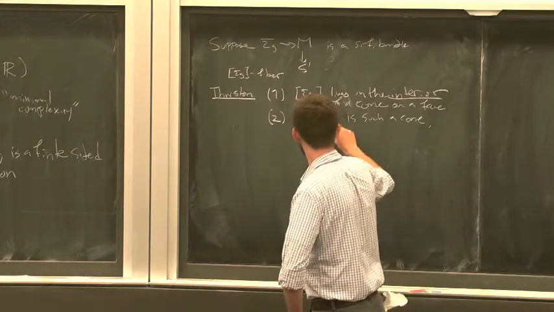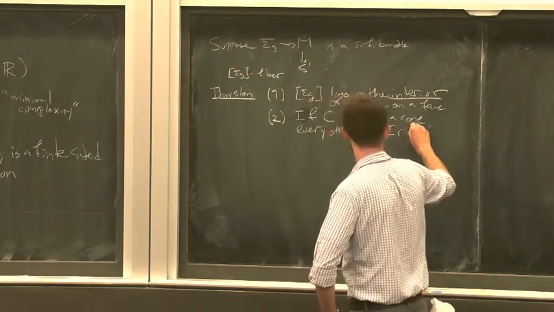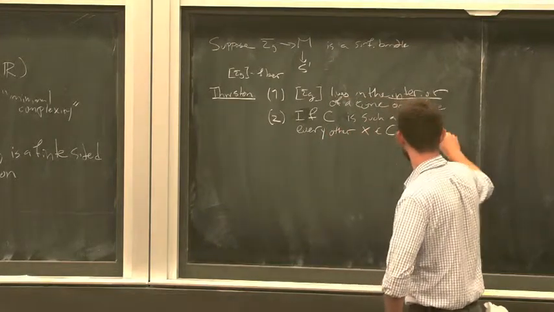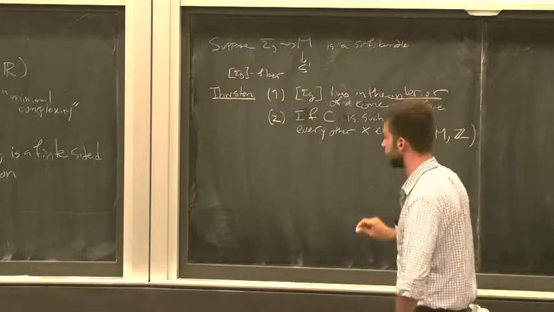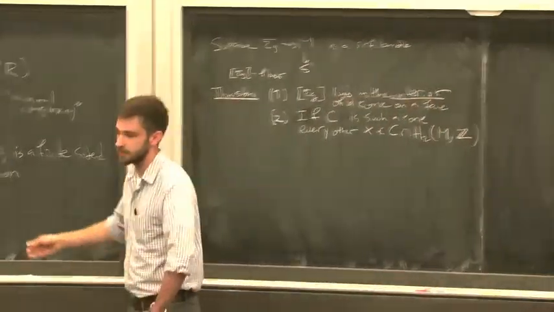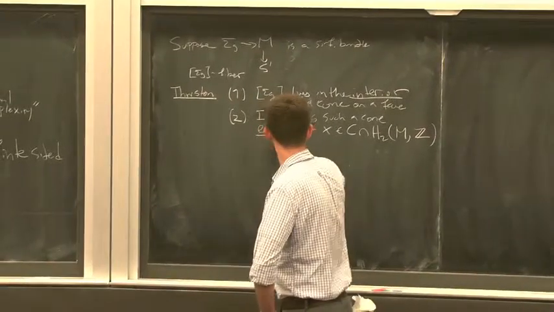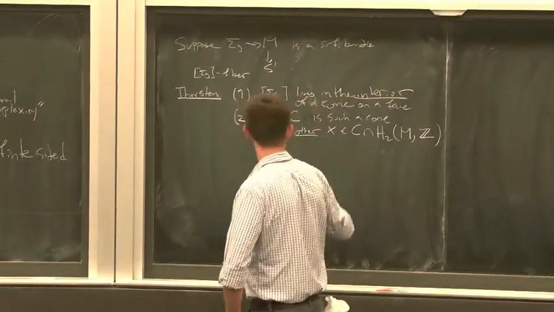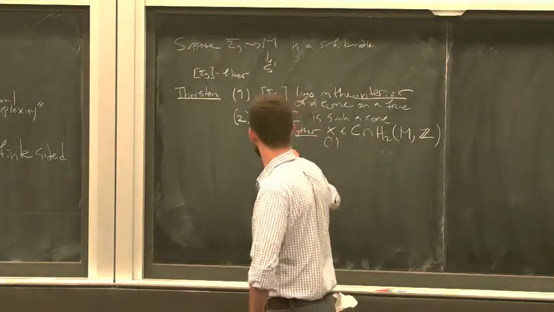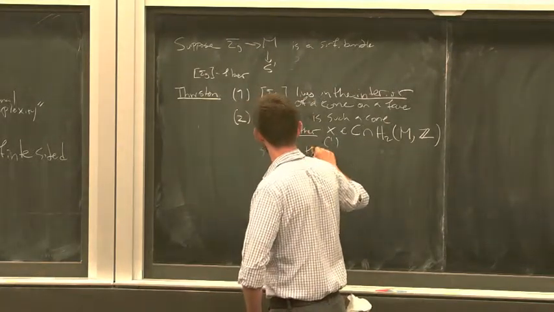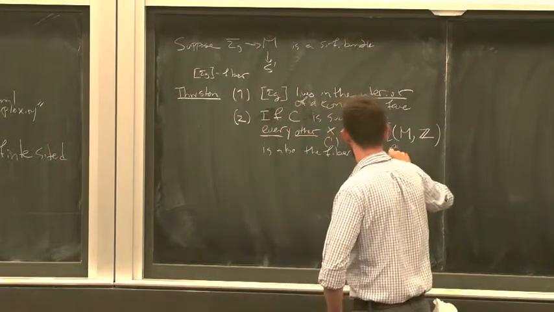So every other x in C intersect the Z points of your homology, I guess modding out by torsion, but you have this lattice of integral classes inside here. So every other class here is also the fiber of a fibration.